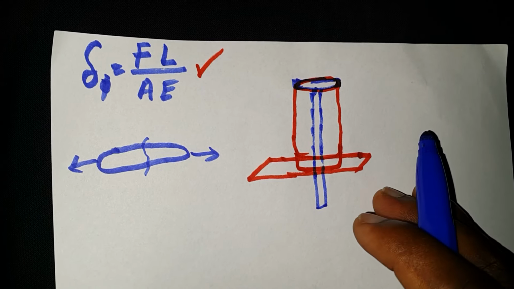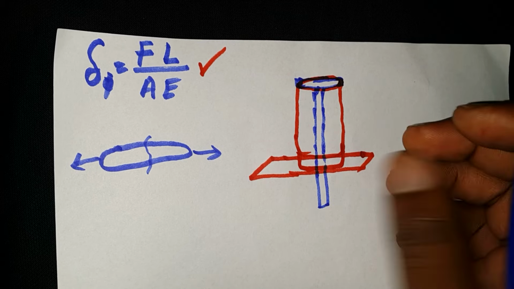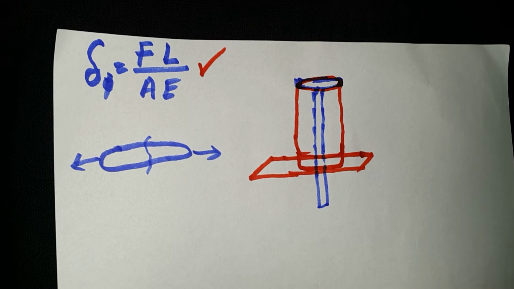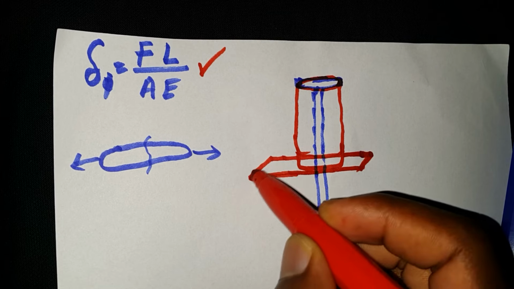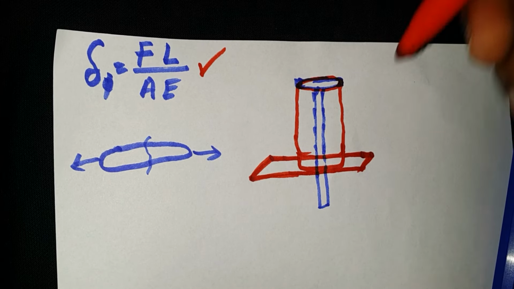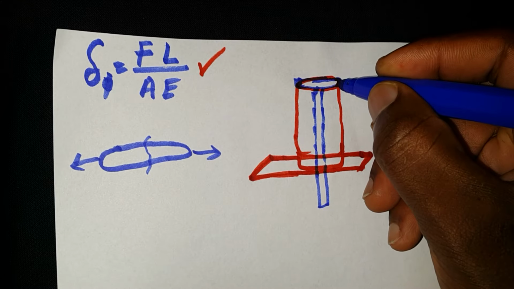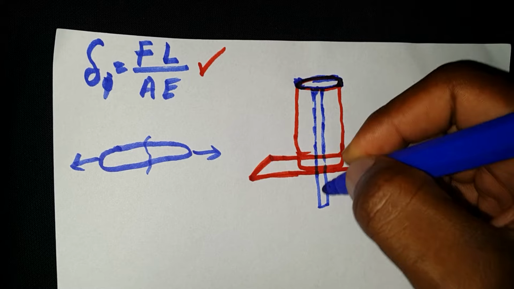I don't know if you understand my drawing. There is a cylinder kept on top of a fixed position, and then a rod passes through the cylinder, inside of it.